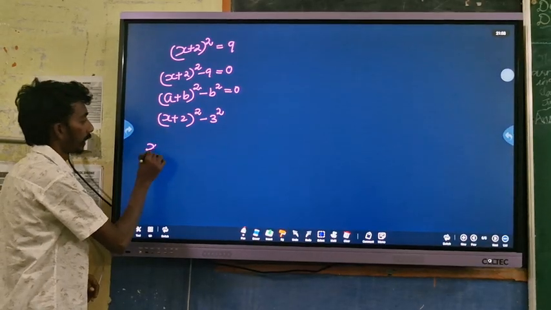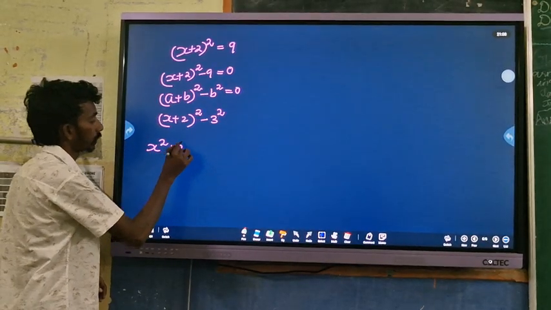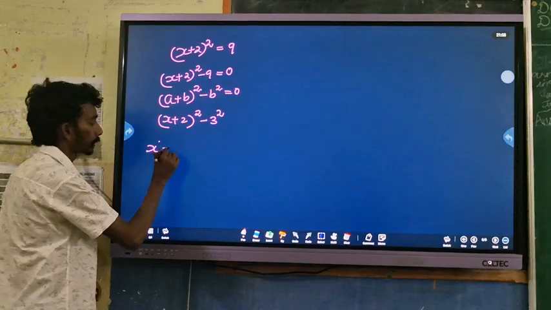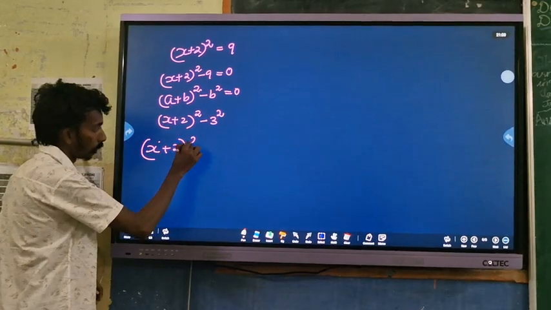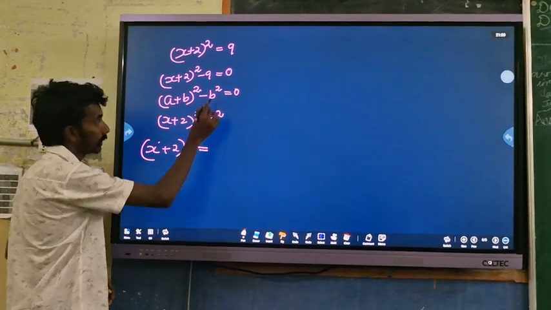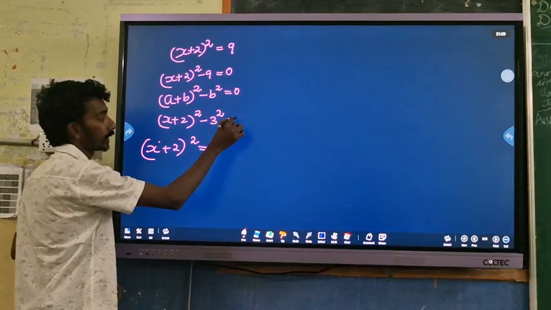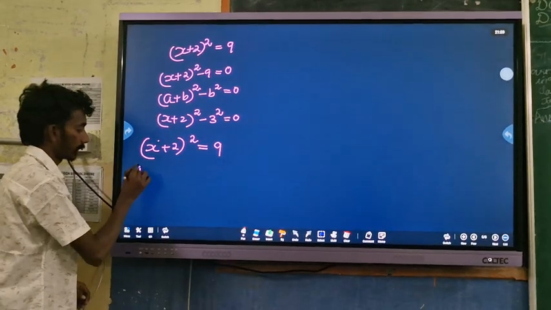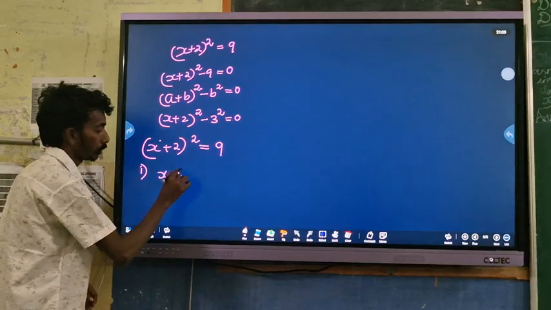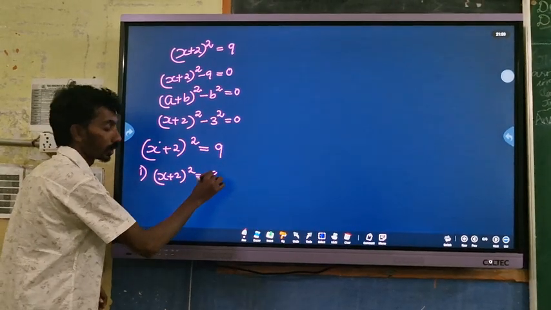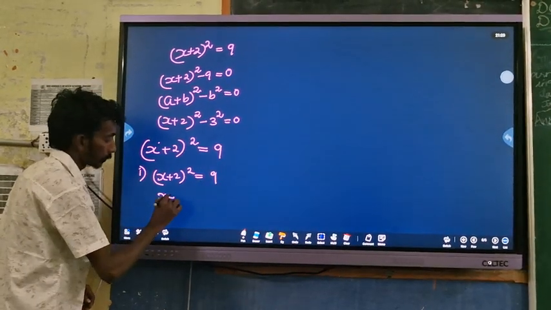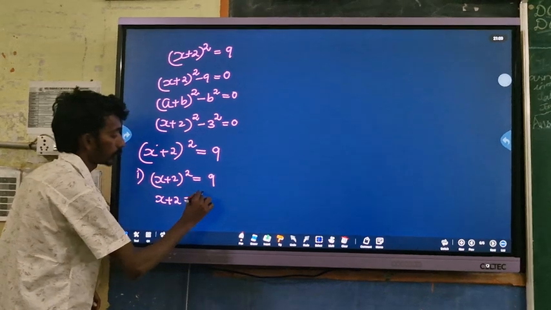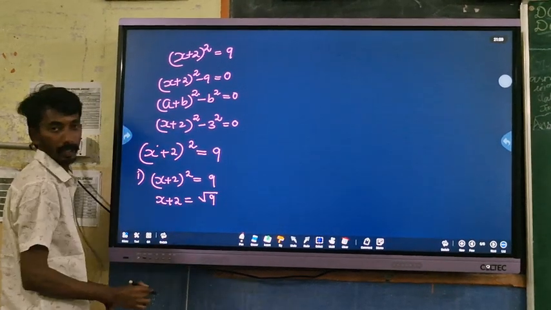By using this, now we will find the roots of the equation. So (x plus 2) whole square is equal to this; minus 3 goes to the other side, it will change to plus 3. So plus 9 we will get. First case, (x plus 2) whole square is equal to 9. So x plus 2 is equal to square root of 9.